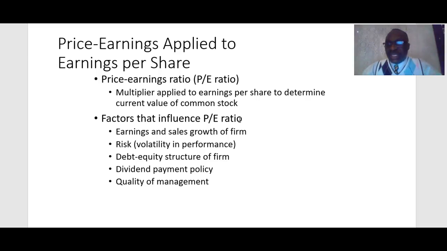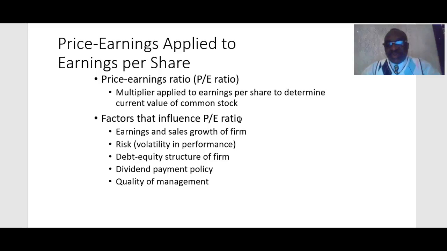Debt equity structure, that is the extent to which the company uses debt and equity to finance its assets. Dividend payment policy, that is whatever management decides to do regarding payment of dividends. In some cases, management may decide to just hold on to dividends for the purpose of reinvestment, or they may say since they haven't paid for 2 or 3 years in a row, they may decide to pay common stockholders and preferred stockholders a given percentage of earnings just to make them feel happy to some extent.